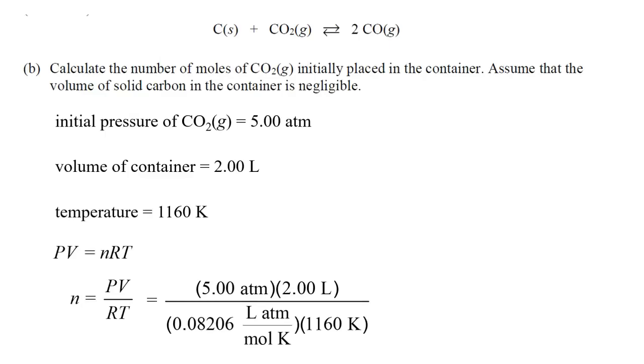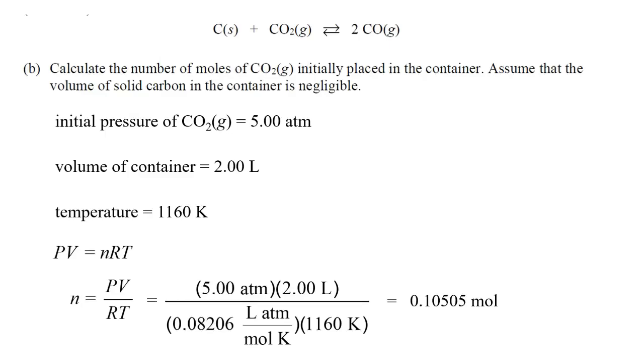If we do this math to solve for the number of moles, 5 times 2 divided by 0.08206 divided by 1160, this is what I got on my calculator. I got 0.10505, and that would be the number of moles of carbon dioxide gas.